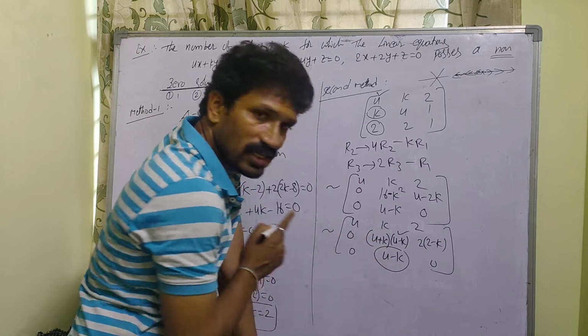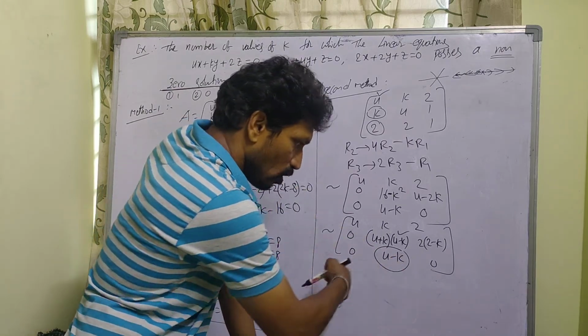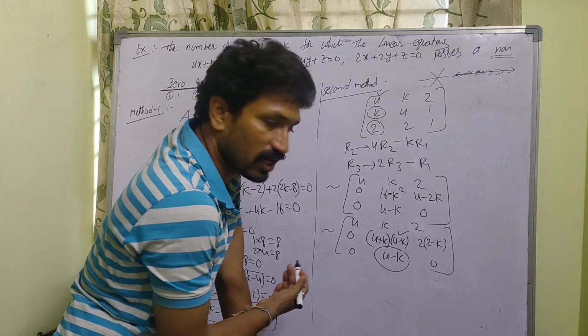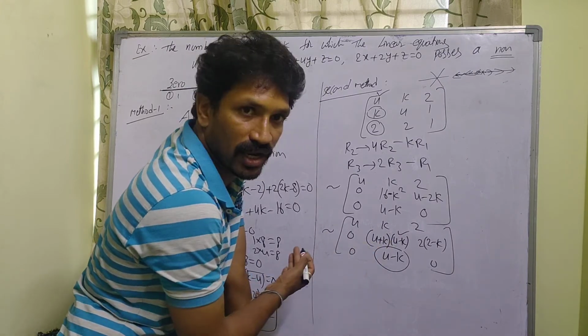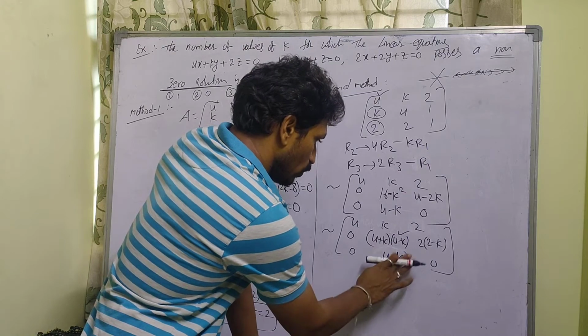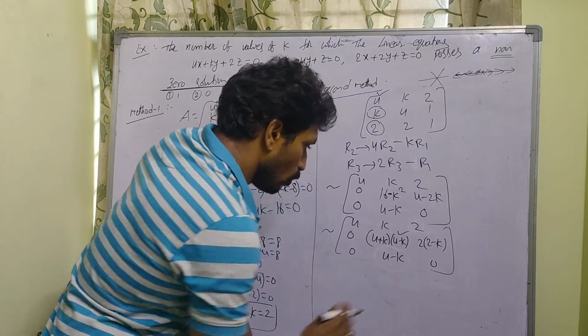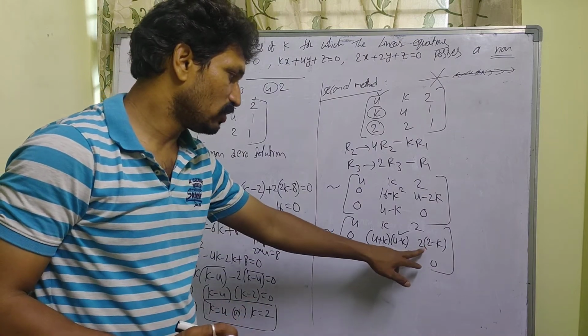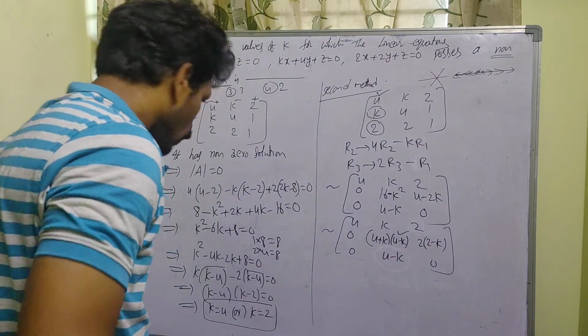Actually, here 4 minus k is common, you can take it from the third row. If you take 4 minus k common, it will be very simple, the simplest matrix. Otherwise it may be complicated for you. So just divide the third row with 4 minus k. Writing it like this is of no use, so it is a waste of a step.